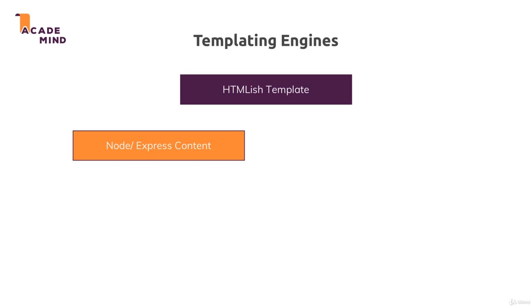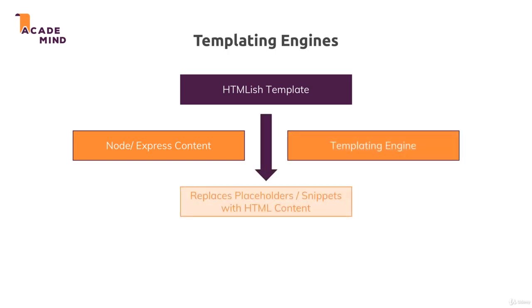And you've got a templating engine which understands a certain syntax, for which it scans your HTML-ish template, and where it then replaces placeholders or certain snippets, depending on the engine you're using, with real HTML content. But this HTML content is generated on the fly, on the server, by the templating engine, taking that dynamic content into account.